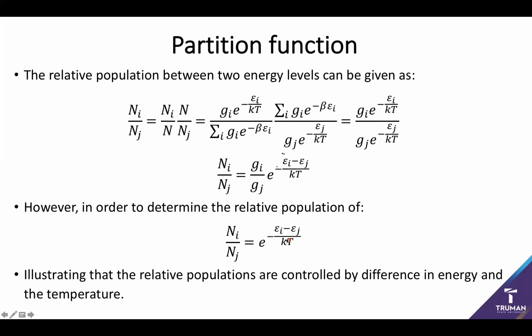The temperature of the system is going to make it a little bit easier to occupy higher energy states, as it dampens this unfavorability due to the exponential term. However, low temperature is going to mean that I'm going to be in the lower energy state.